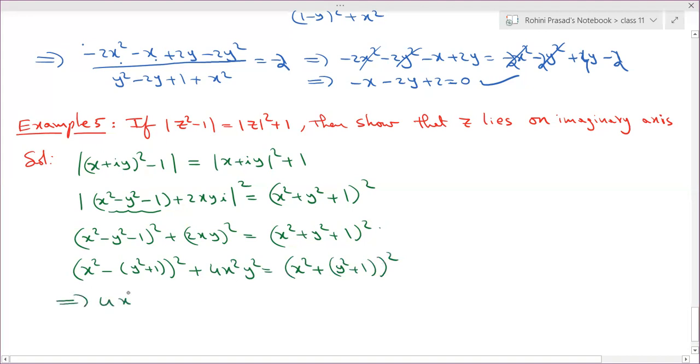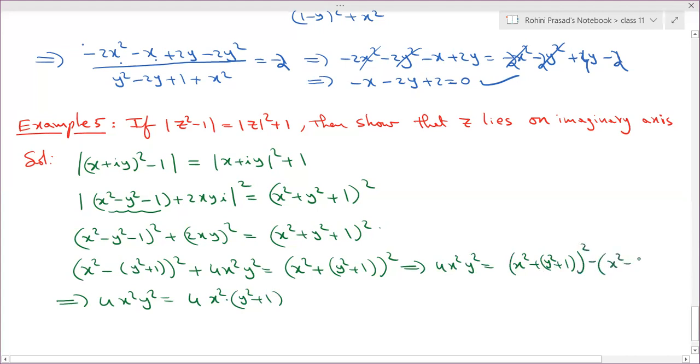If you write this 4x square y square and send this to the other side, a plus b whole square minus a minus b whole square is 4ab, 4 times x square into y square plus 1. I'll just write that missing step. 4x square y square equal to x square plus y square plus 1 the whole square minus x square minus y square plus 1 the whole square.